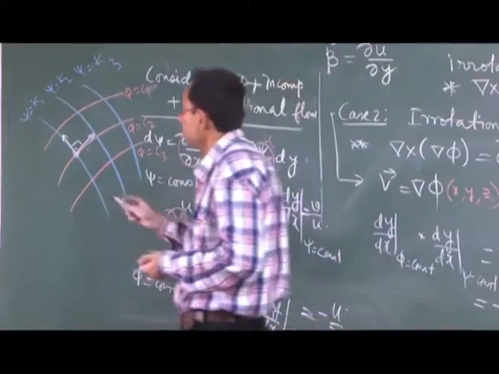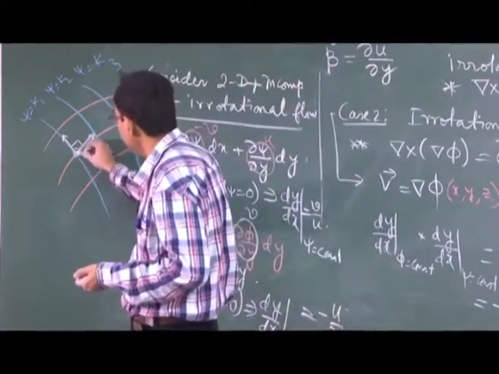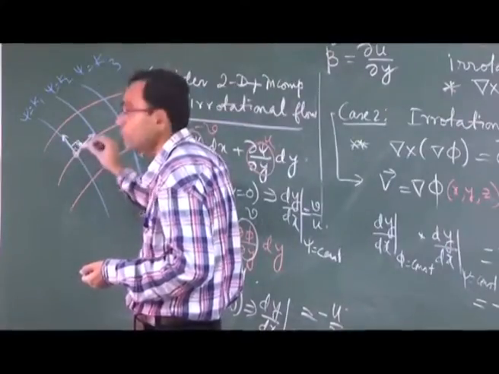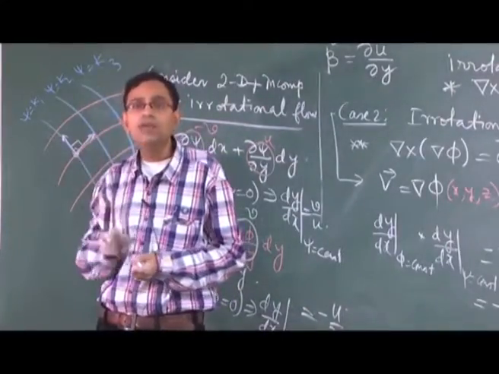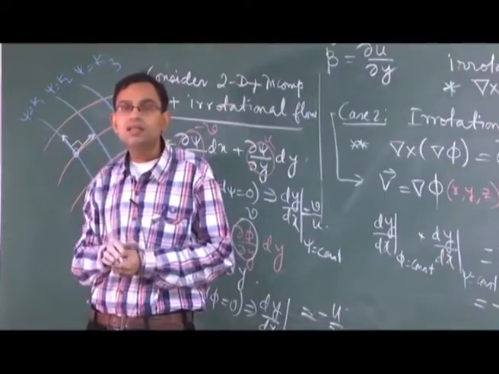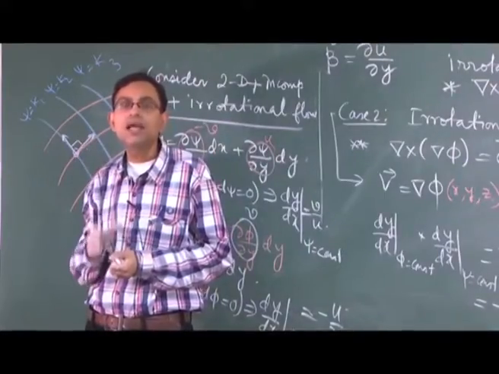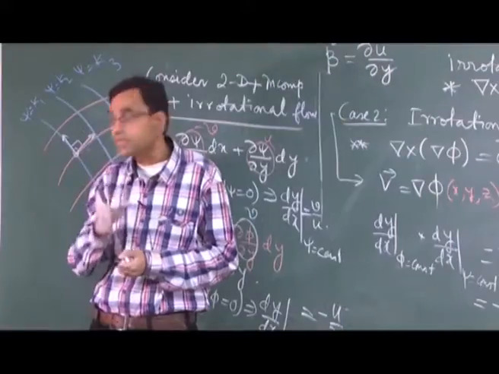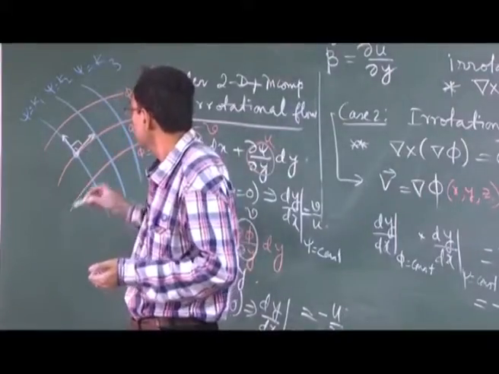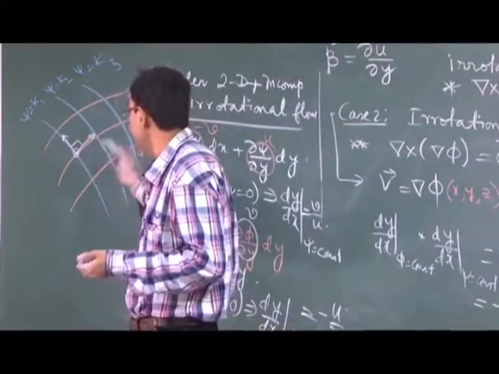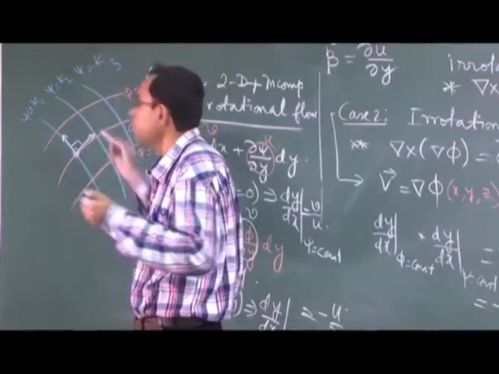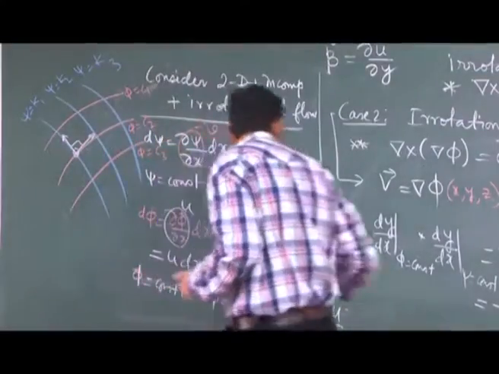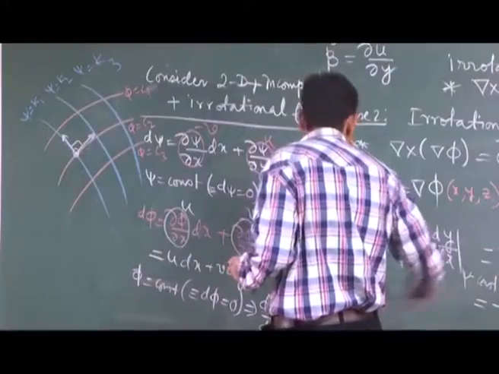So, when that occurs, it is there provided that u and v are not 0. If u and v are 0, then such a point is called a stagnation point. At the stagnation point you do not have this kind of interpretation, because there you really cannot cancel u and v.